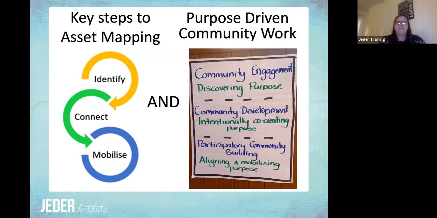So if we've identified the assets already and we're starting to connect them up, then we're finding those linkages, we're building relationships, we're being very purposeful in how we do that and moving forward. And then the aligning and mobilizing purpose, well, that seems to pretty naturally align there with the mobilize of asset mapping. So this was just an initial thought, like I said, about do they sit together?